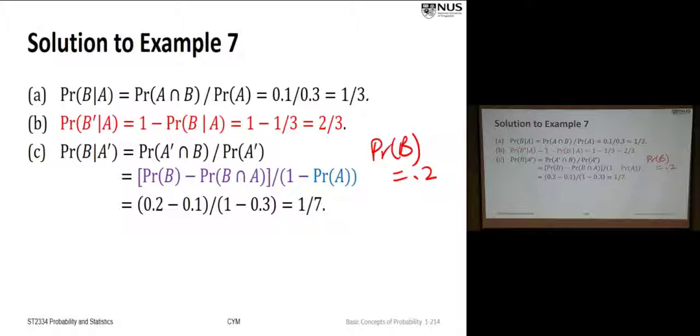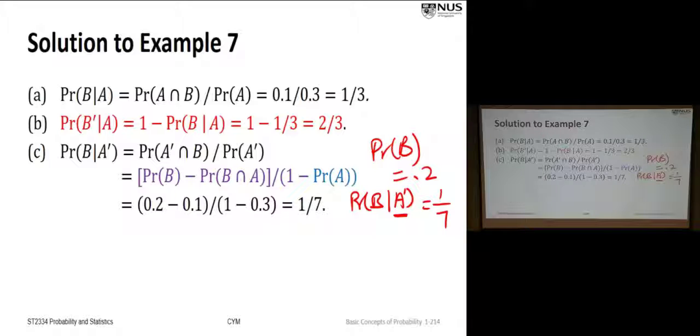But now, if I know that in the morning he gives a good lecture, then the probability of giving a bad lecture given the complement, that means he gives a good morning lecture, the chance is reduced to 1/7. 1/7 is less than 0.2.